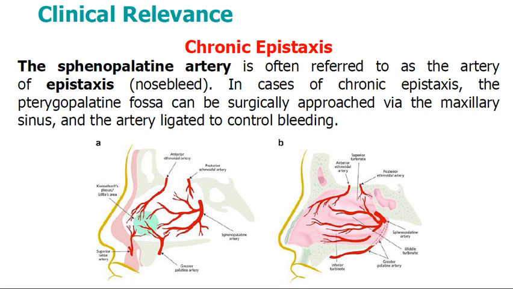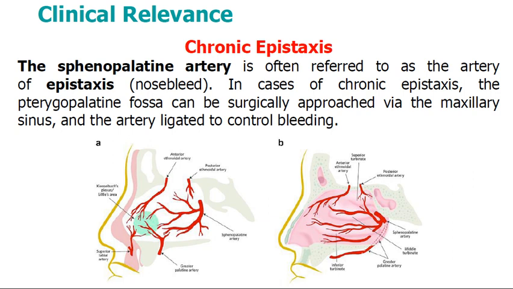This epistaxis, or bleeding from the nose, might be due to injury of one of these branches supplying the nasal septum or even the lateral nasal wall. But the main source of the bleeding from the nose is from the sphenopalatine artery, which we sometimes call the artery of epistaxis.